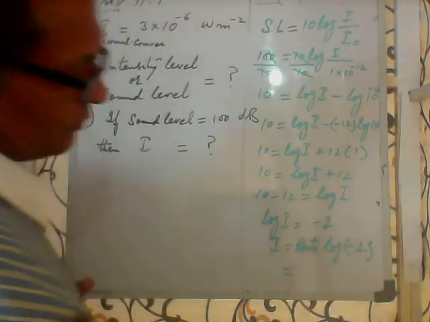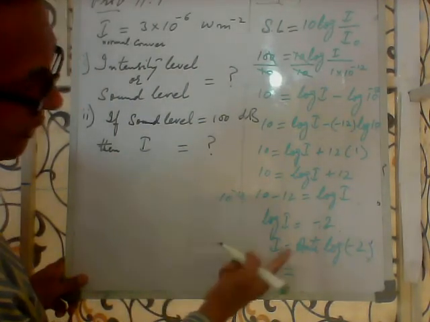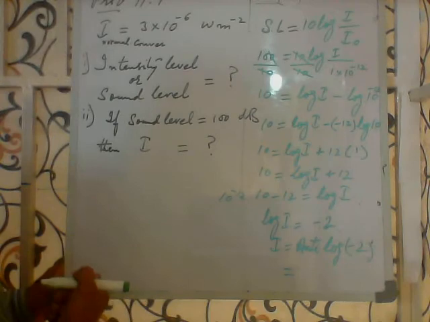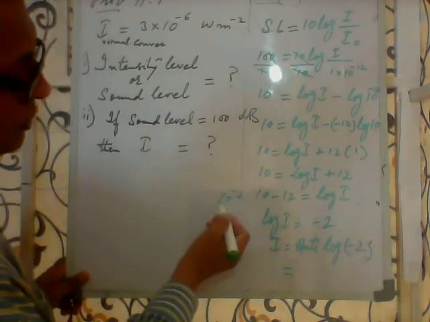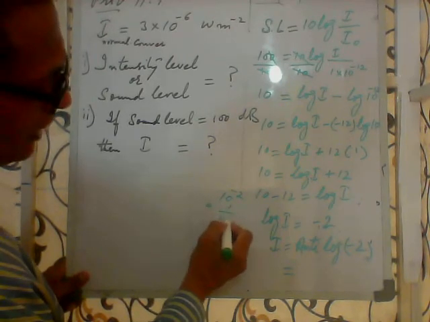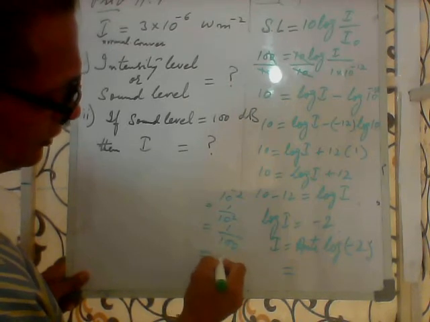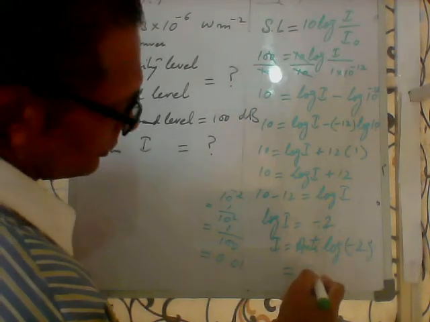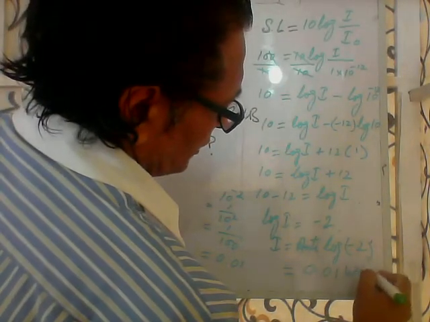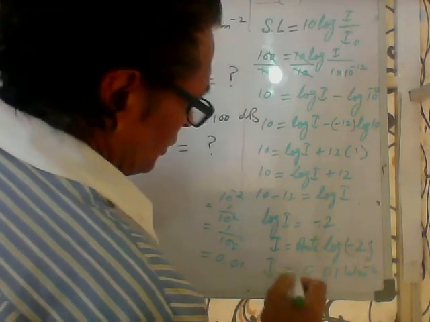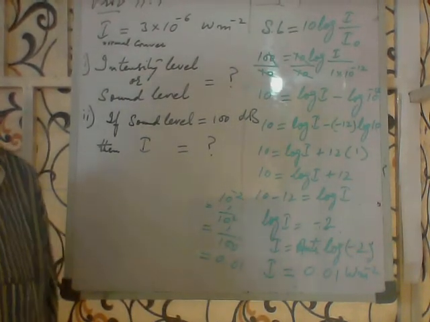And what is anti-log of minus 2? Anti-log of minus 2 is 10 is power minus 2, and it is 1 by 10 is power 2. It is 1 by 100. It is 0.01 watt per meter square. So this is the answer. Alright.